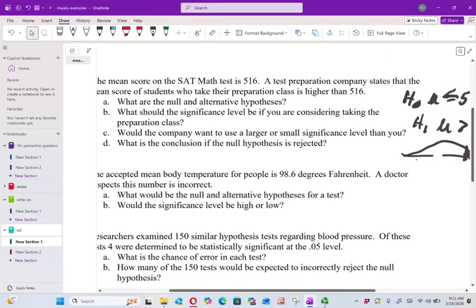The alpha level, the chance of making an error, what would it be for you if you were going to pay them to take a test or to take the test prep class? Would you rather be sure that they knew what they were doing, or is it okay if they're kind of sure?